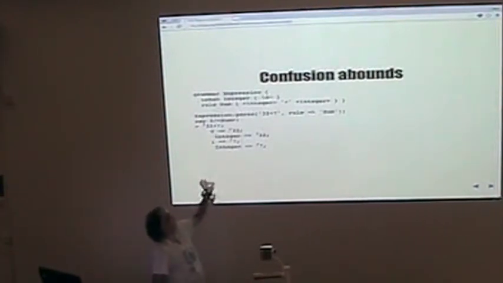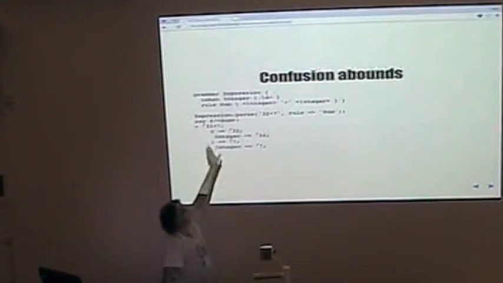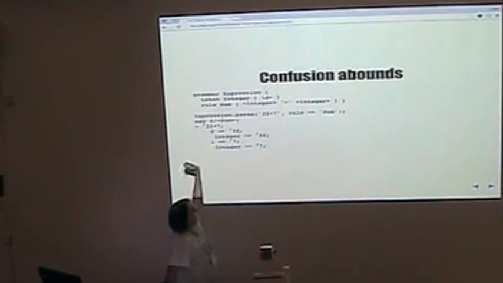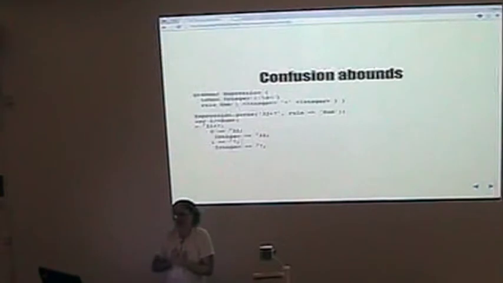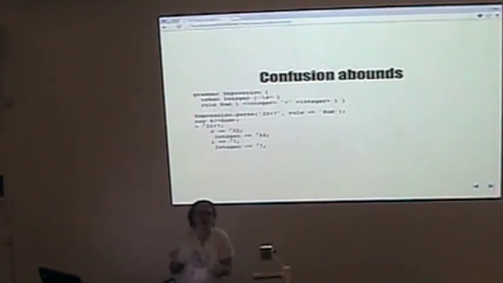So this is what it actually looks like on the interior. We have element 0, which is our first integer, and element 1 is 7. That's okay if you're just trying to match. But if you want to write an interpreter that will return the value 39 from that, then it's helpful to know what the left-hand side of the expression is, in our case 32, and the right-hand side, which in our case is 7.